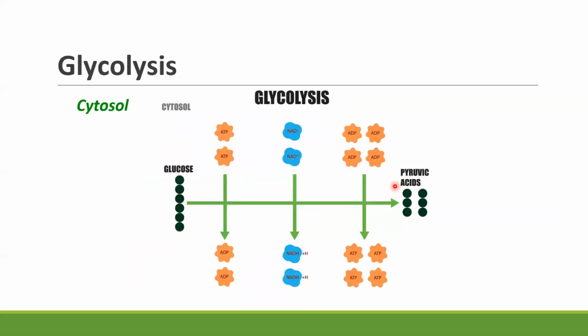Now the glycolysis. As we know in biochemistry, we talk about glycolysis, gluconeogenesis, etc., and each process happens in some place. For the final, you should focus on which place it happens. You must know where each process happens, because you have more than one process occurring in more than one place, and it gets a bit confusing. Glycolysis occurs in the cytosol, the whole process from the beginning until its end.